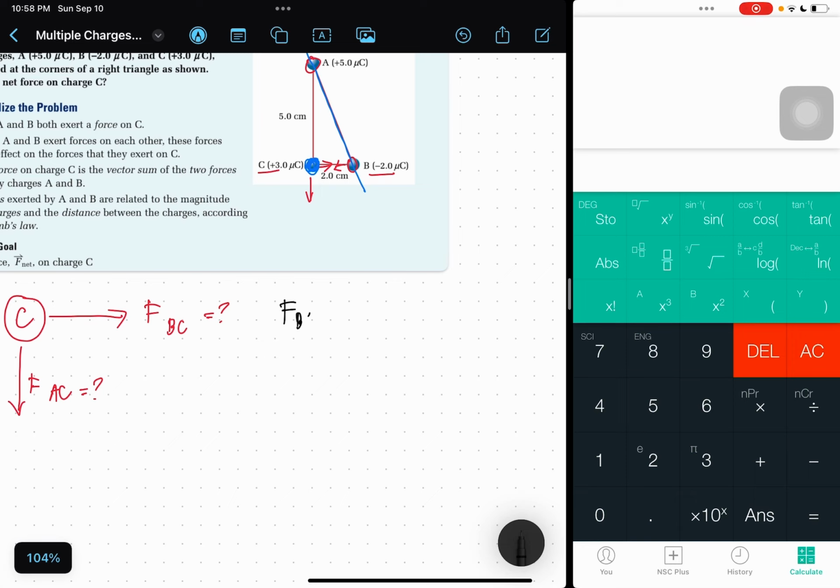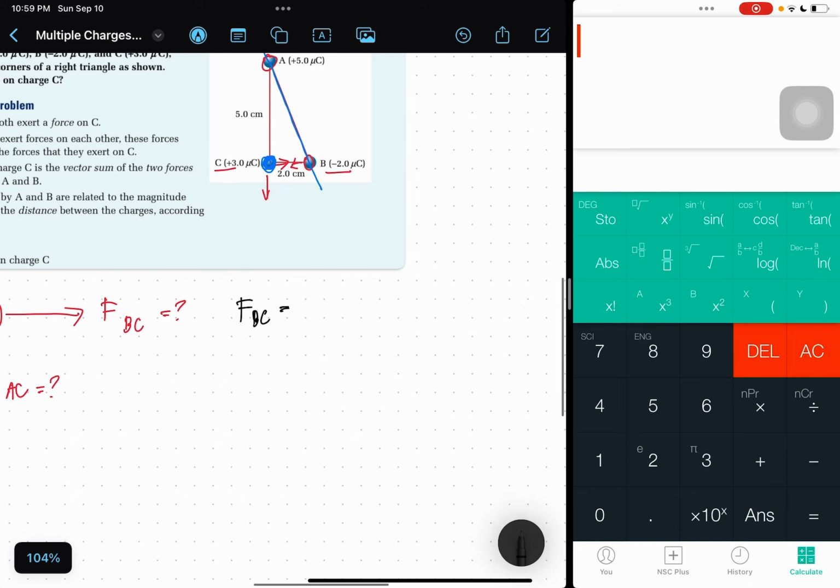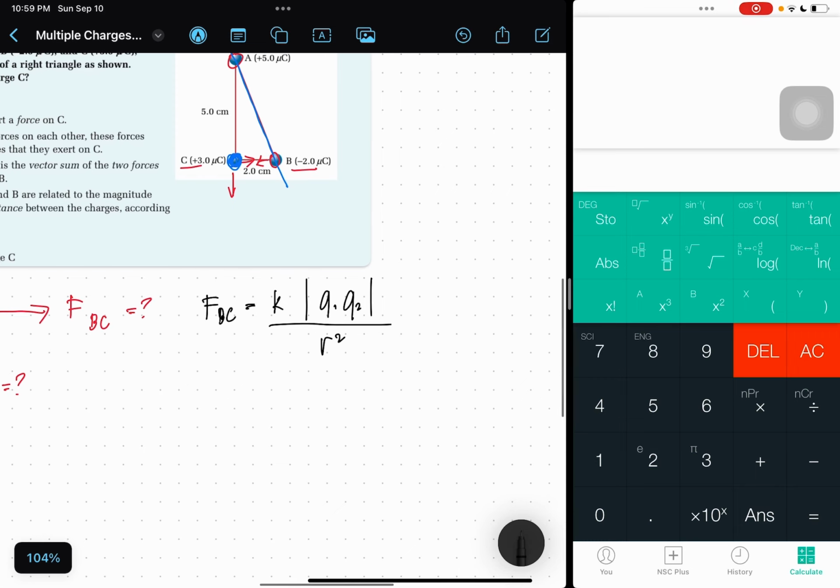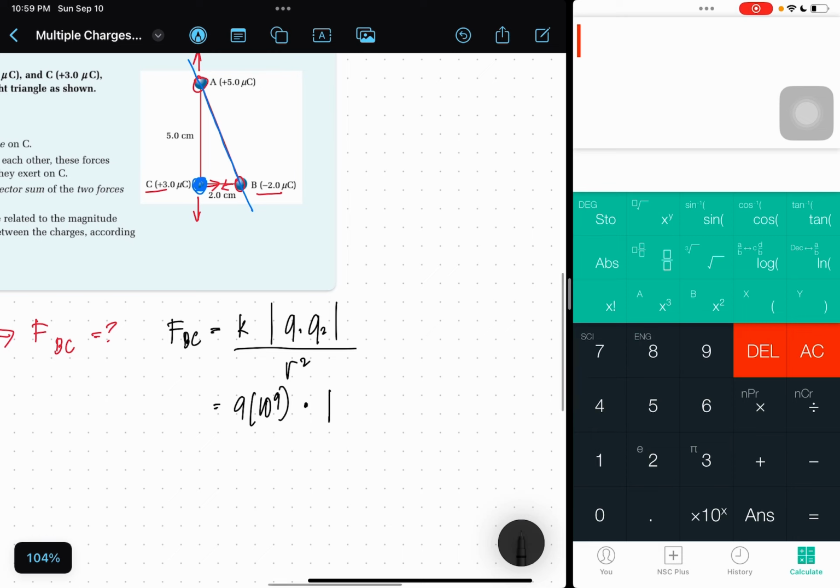So force BC is equal to K, the constant, times the absolute value of charge 1 and charge 2, over r squared. So, K is 9 times 10 raised to 9 multiplied by the absolute value of the first charge, then the second charge. And take note, pag sinabi microcoulombs, it is equivalent to 10 raised to negative 6.